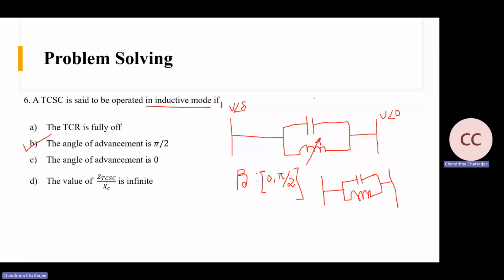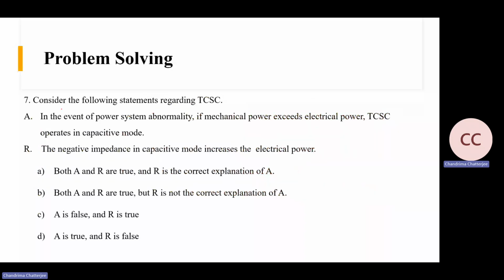So the next question is, consider the following statements regarding TCSC. So there are again two statements. The first one is, in the event of power system abnormality, if mechanical power exceeds electrical power, TCSC operates in capacitive mode.